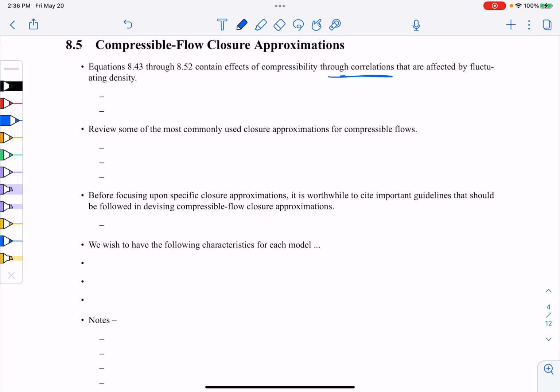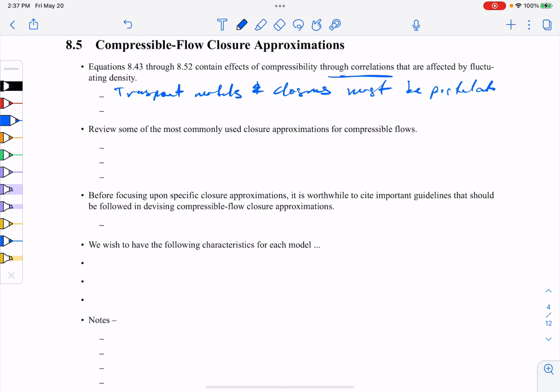So all but the turbulent stress models, the diffusivity type closure approximations, must be postulated for these Favre average Reynolds stress tensor, heat flux vector and equations. So the transport models and closures must be postulated. This is a very difficult task.